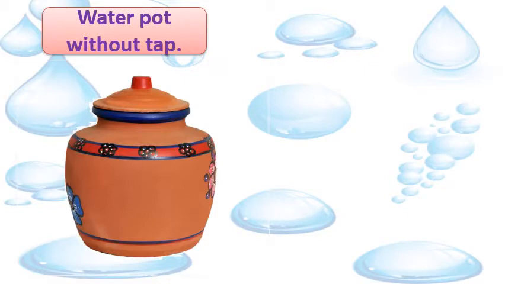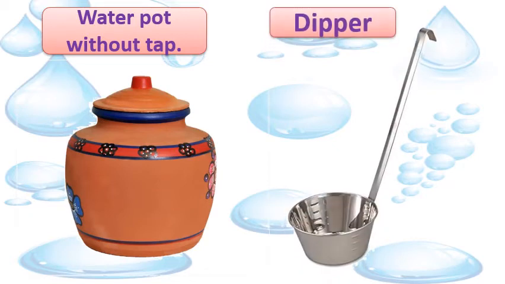Yes, this is also a drinking water container. This is an earthen pot which has no tap. Then what happens? If we dip our hand in the water to take it out, the dirt on our hands can enter the water. So we use a dipper. See, this is a dipper to take the water, and we replace the lid at once.